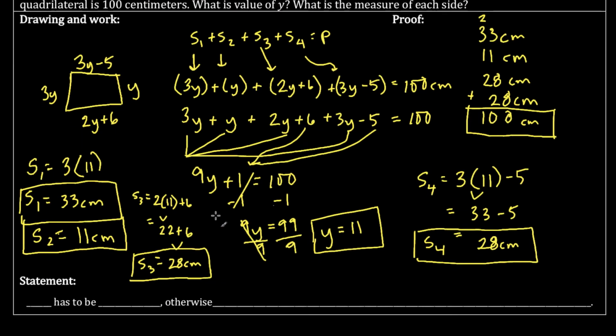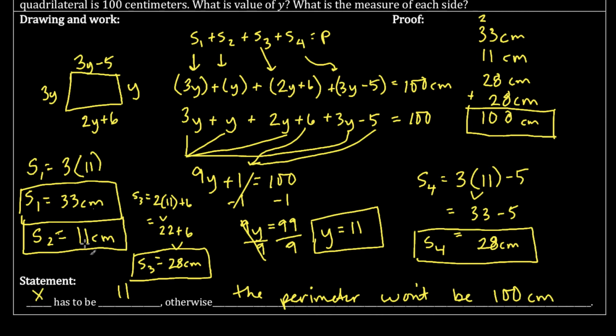Lastly, our statement should read x has to be 11. Otherwise, the perimeter won't be 100 centimeters. Basically, oh, and I made a mistake here.